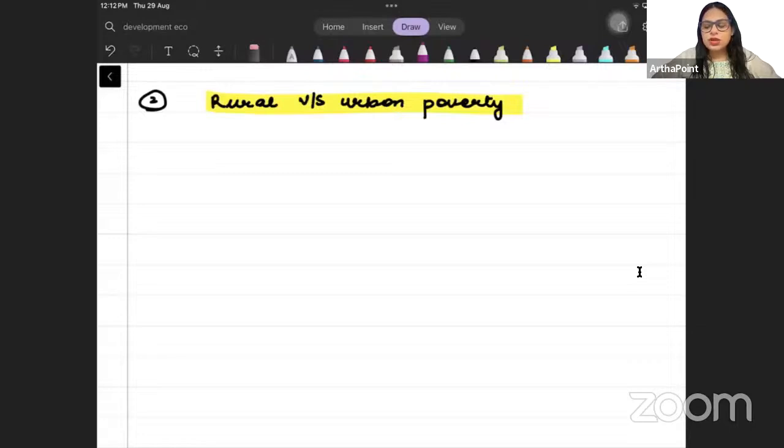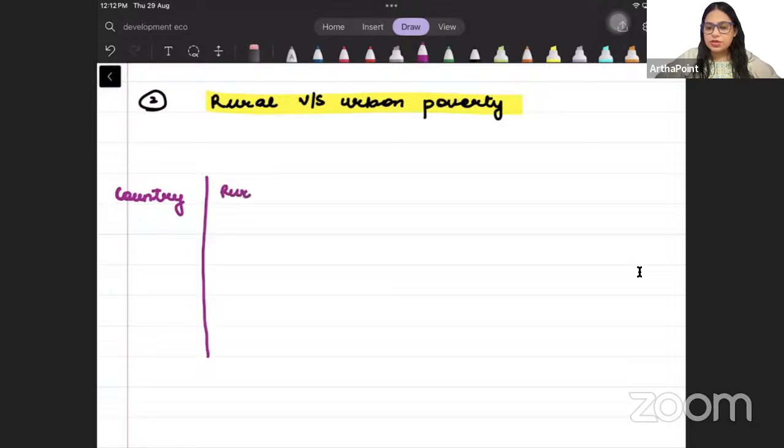On that basis, we can create a table and compare two or three countries. I'm taking some countries here, and I am taking rural population and rural poor.